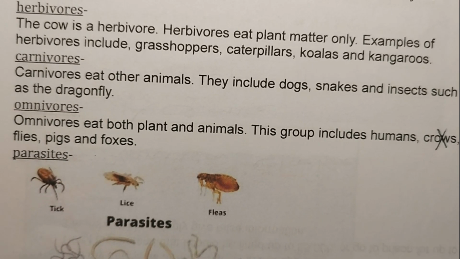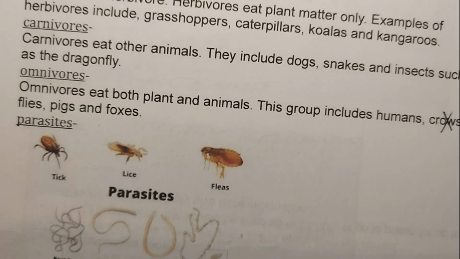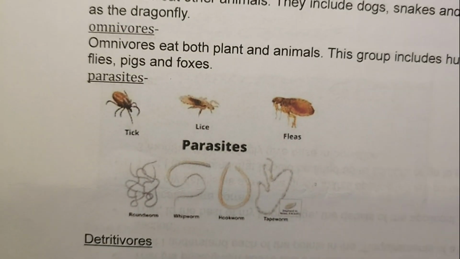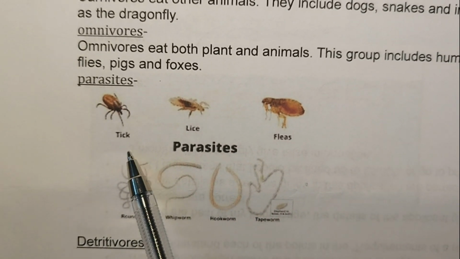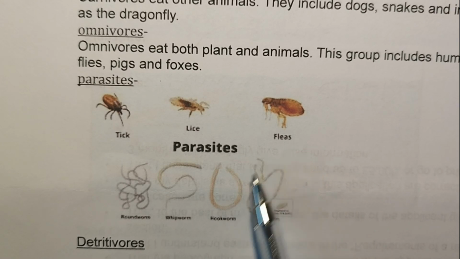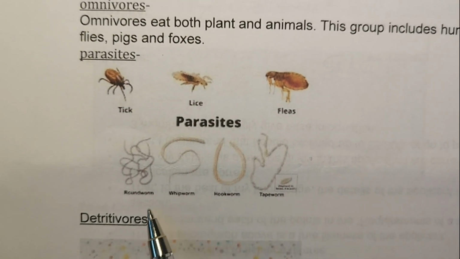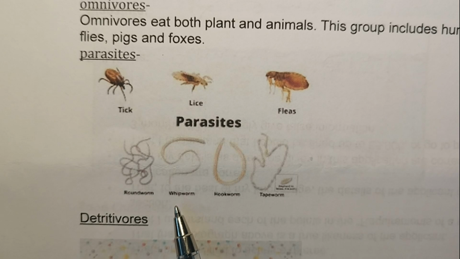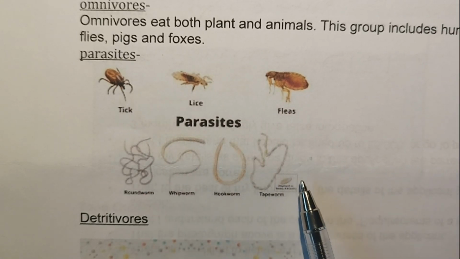Now the parasites, they feed on other organisms. If you remember parasites, such as ticks, lice, fleas, and different types of worms like ringworm, whipworm, hookworm, tapeworm. So they feed on other organisms.